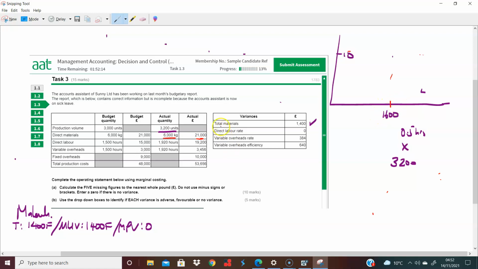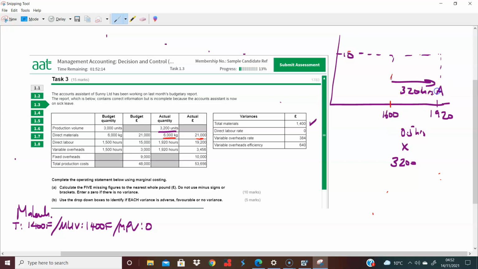And you have used 1,920 hours. That's what you've done. So from an efficiency point of view, I can analyze that first over here. So you have done an extra 320 hours than you should have. 320 hours, right? That's the difference between these two.